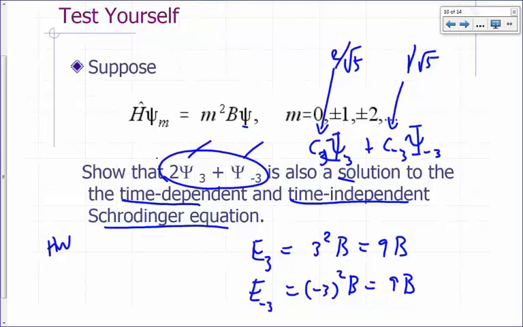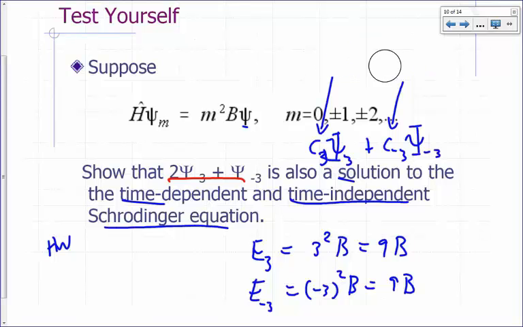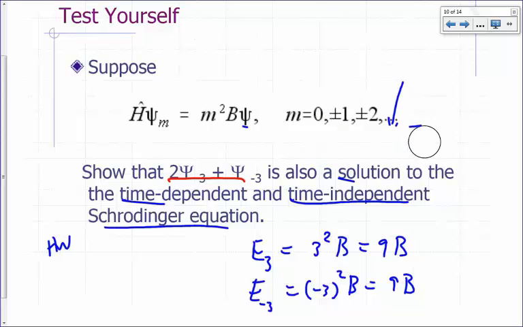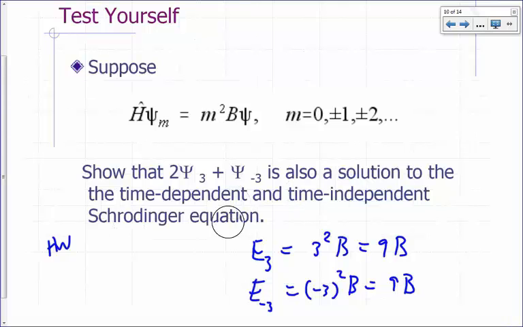So there should be a normalization constant there. But it doesn't matter if you put that extra constant there in terms of the proof, because it could be any linear combination. It just so happens that in this case your linear combination is not going to be normalized. So it's your homework.